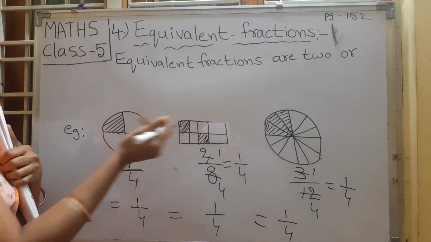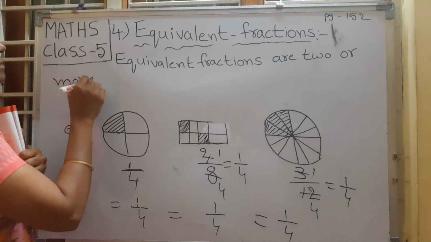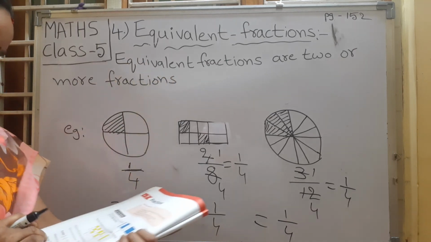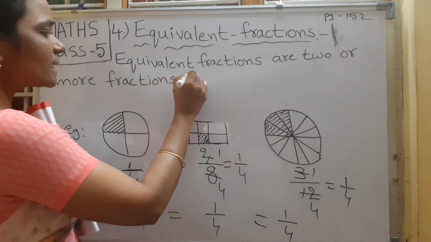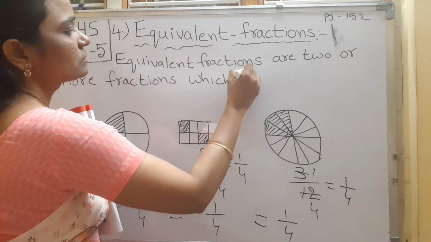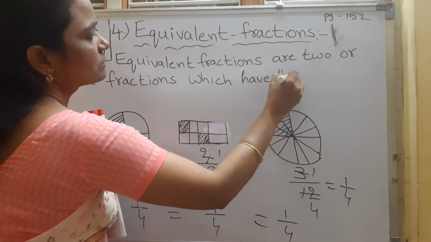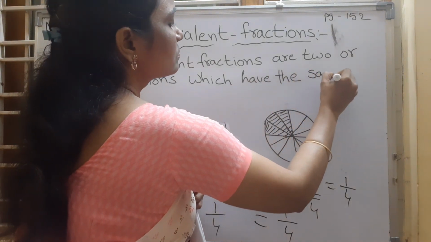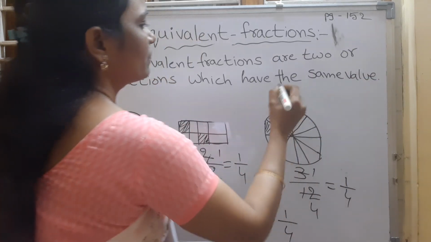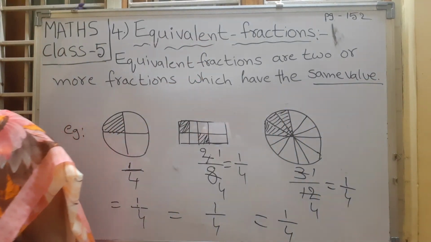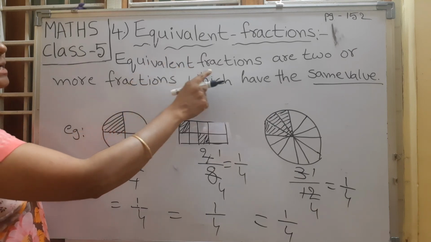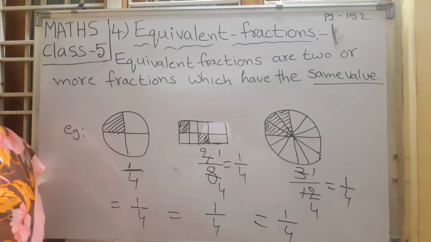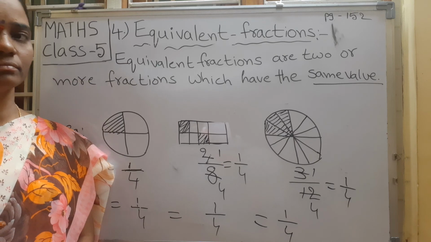We can take two or more fractions, which have the same value. Okay, note it down, children. Equivalent fractions are two or more fractions which have the same value.